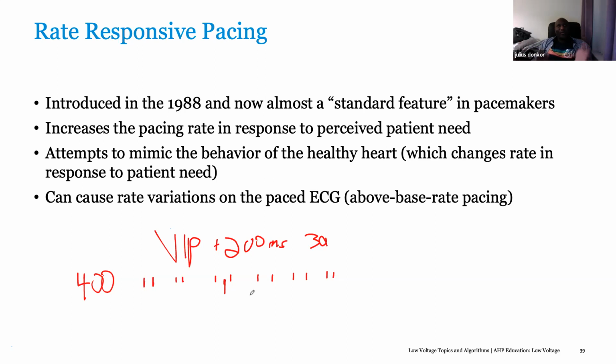But the older Medtronic ones do not have it. So Azure definitely has it, and Sphera also has AAI to DDD. So most Medtronic devices nowadays have got that mode, AAI to DDD. Julius, it is not MVP in Sphera, but you can have AAI to DDD, which does the same thing, the intermittent thing.